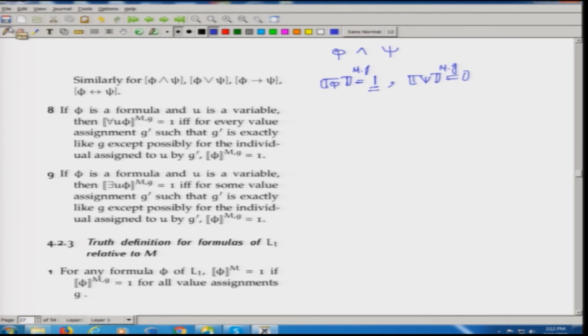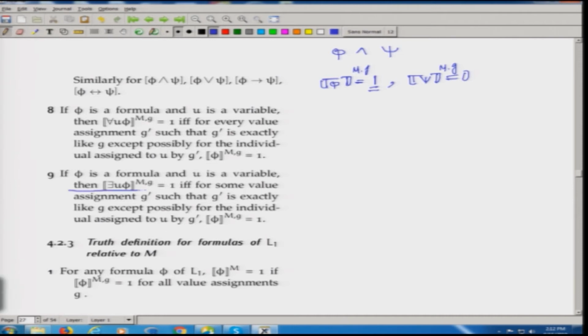What does it mean? It means something like this. G, we haven't talked about G. Okay, first we will read the two rules and then we will try to understand the meaning. We will see, we also need both the functions g and f. Now, if phi is a formula and u a variable, then the denotation of some u phi with respect to mg is 1.